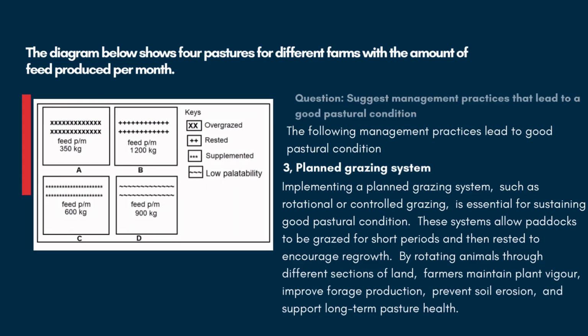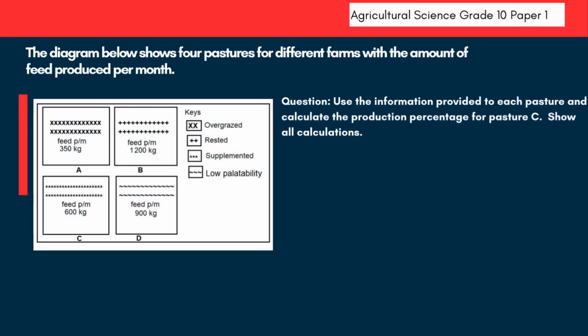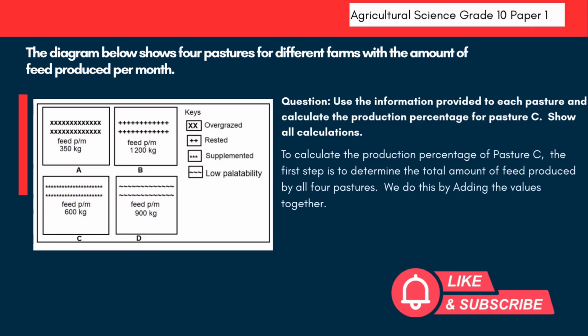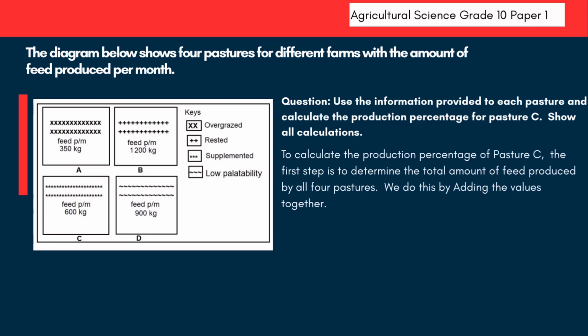long-term pasture health. Question: use the information provided for each pasture and calculate the production percentage for pasture C. Show all calculations. To calculate the production percentage of pasture C, the first step is to determine the total amount of feed produced by all 4 pastures.